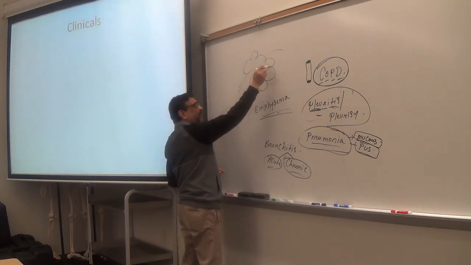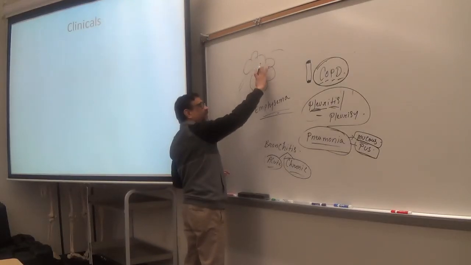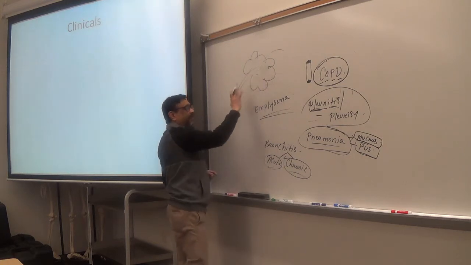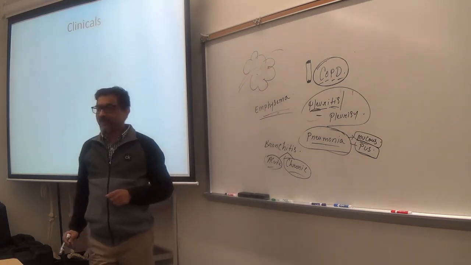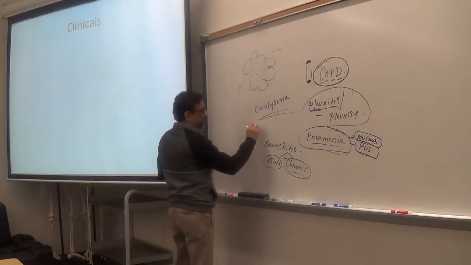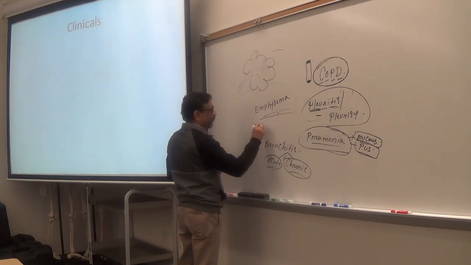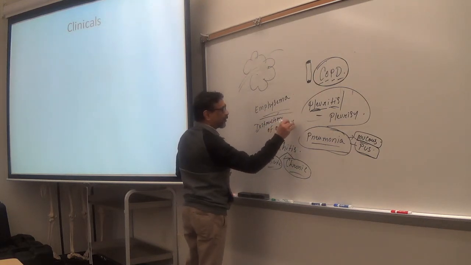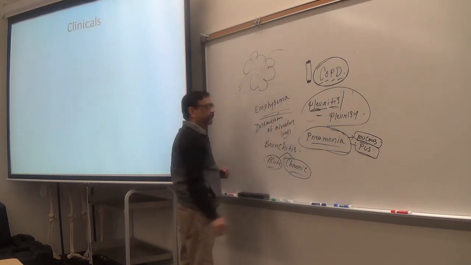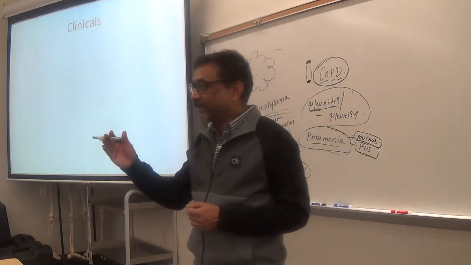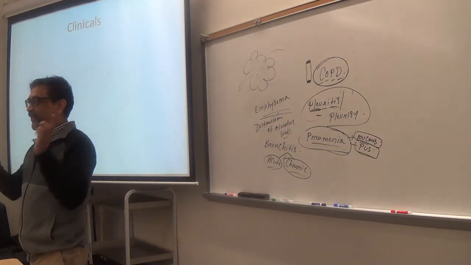So the total surface area decreases. Exchange of gas will be significantly low. Make sense? Many alveolar walls are destroyed. So destruction of alveolar wall. We know that gas exchange occurs through the alveolar wall, right? So if you have less alveolar wall, then less gas exchange will occur.